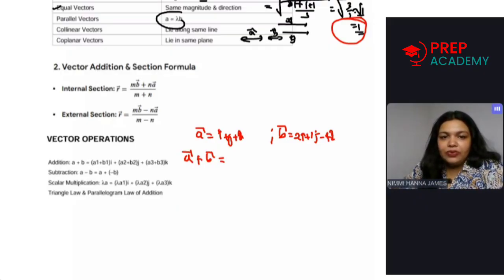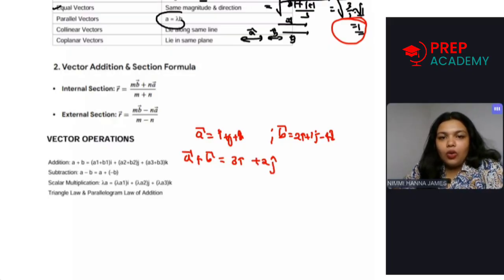In the first vector, the i component is 1. In the second vector, the i component is 2. So 1 plus 2 is equal to 3. So A plus B vector has i component as 3i. Then j component, here it is 1 and here it is also 1, so 1 plus 1 is equal to 2, so plus 2j.